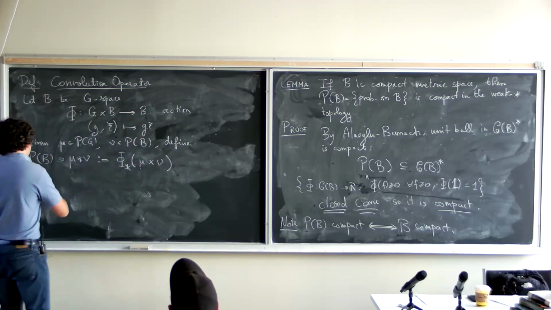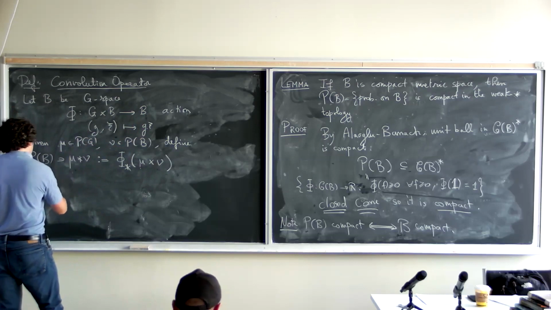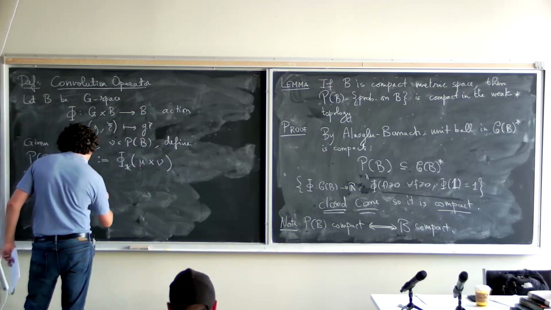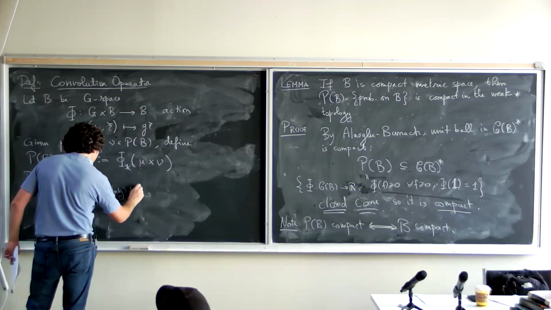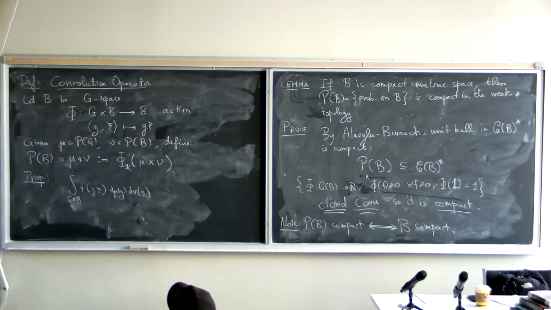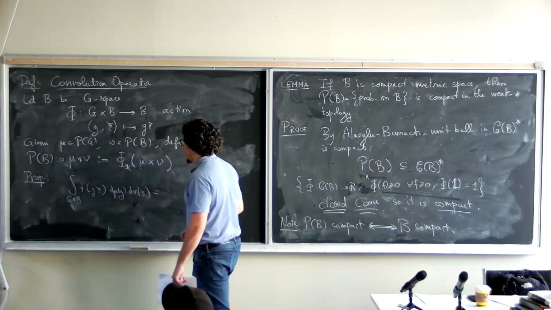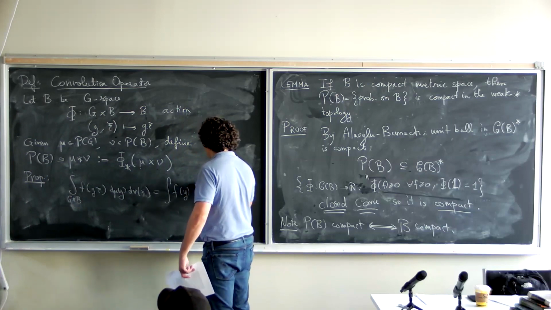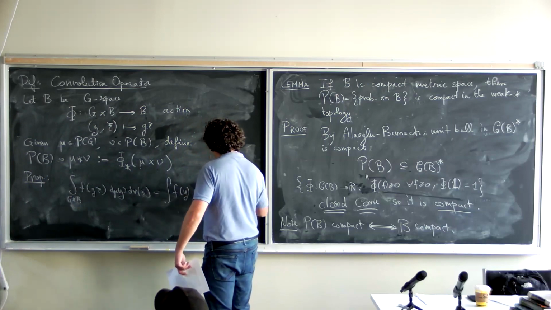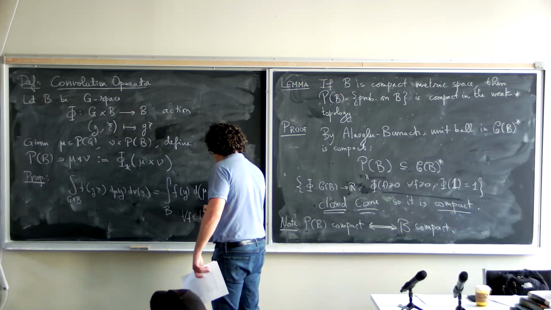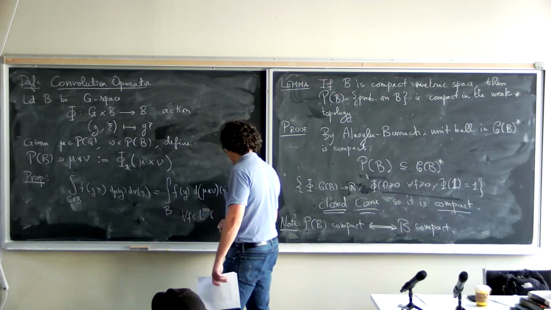Right? So in fact, the property is that the integral of f of g psi d mu g d nu psi over g times b, by definition, for every function, is the same as the integral of f of y d mu star nu of y, for every bounded f, for instance, on the boundary.